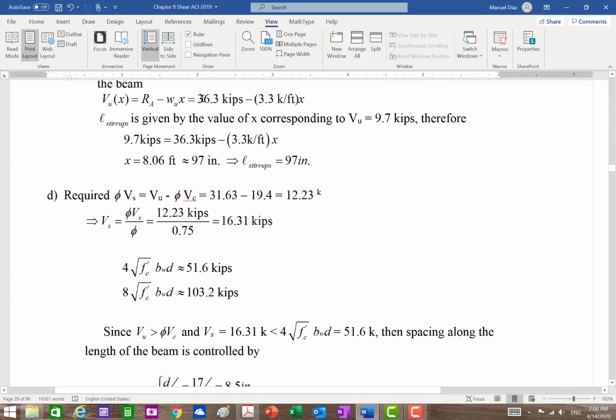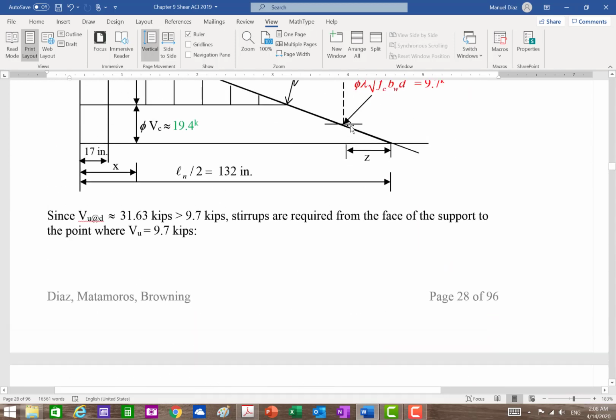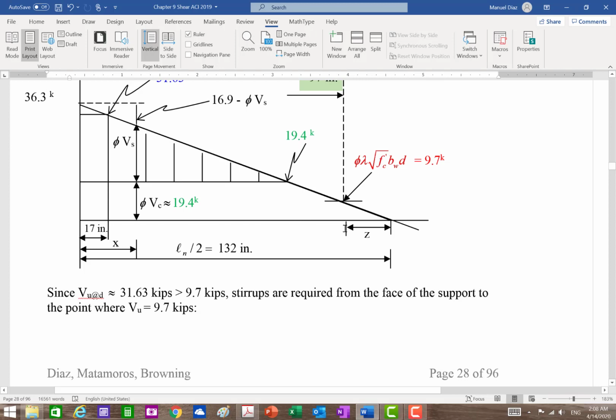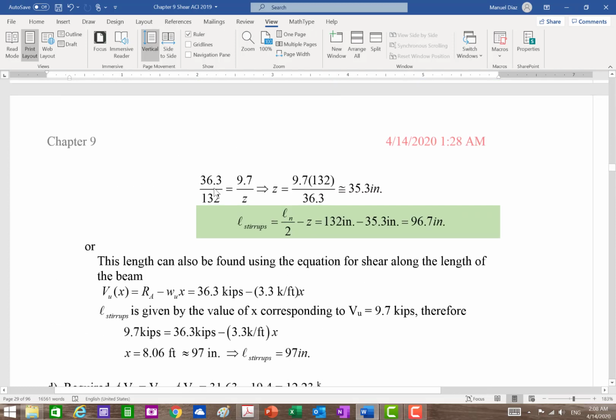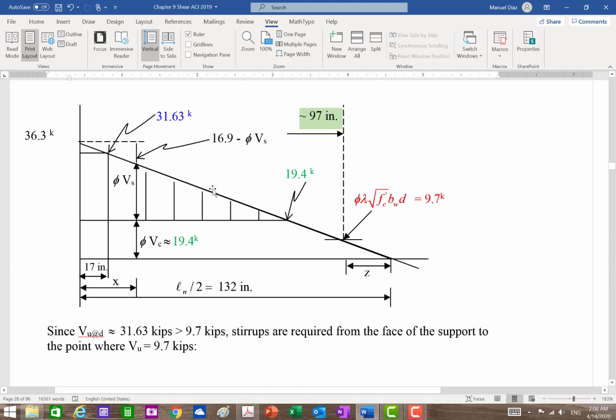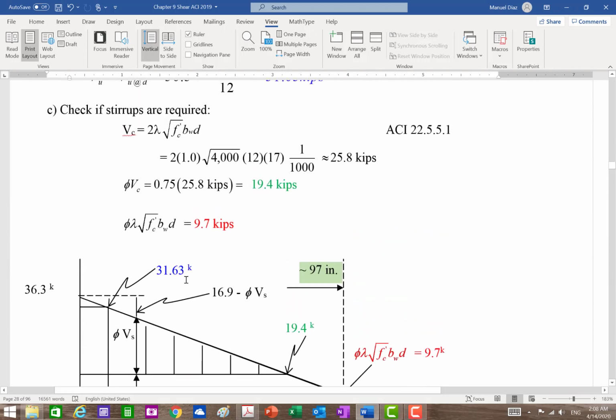That's what I want. So what is this distance so that this value is 9.7, right? So we make the shear 9.7, we solve for x, and that x is the length of stirrups and is 97. You can do that. Okay? So either way, whatever you like, you can do that. Because my Vu, right, which is 31.63 here, is bigger than my phi V sub C, right?